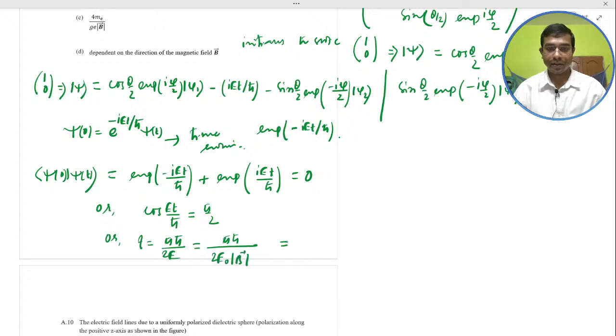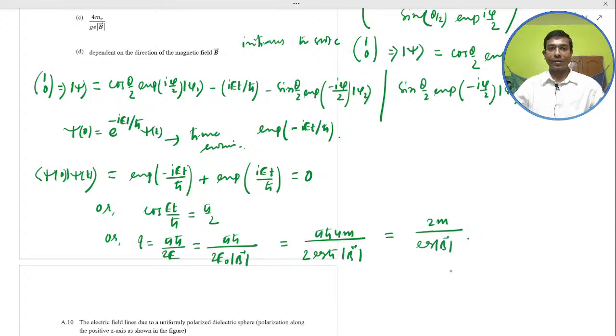That will be pi h cross 4m divided by twice E z h cross mod of b, which is equal to twice m E z mod b. This will be the correct answer.